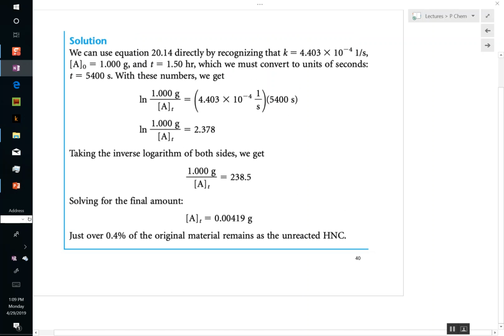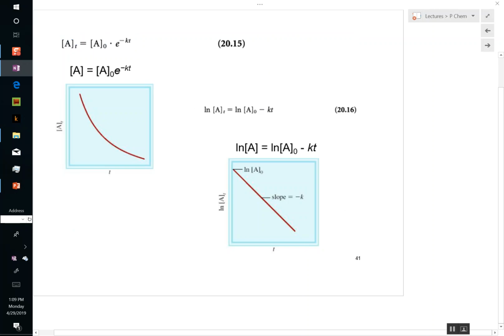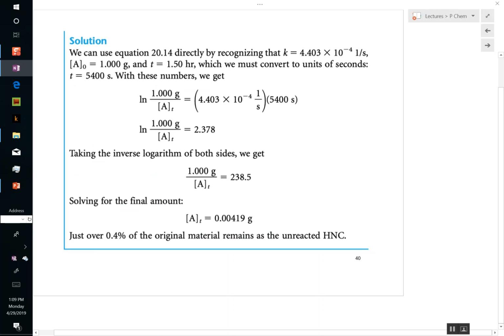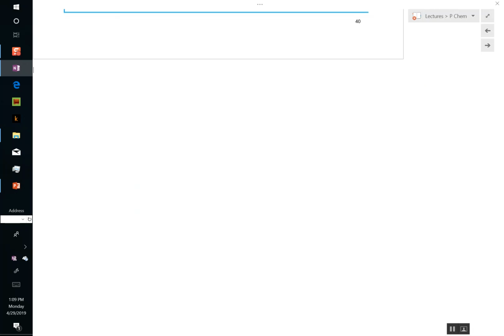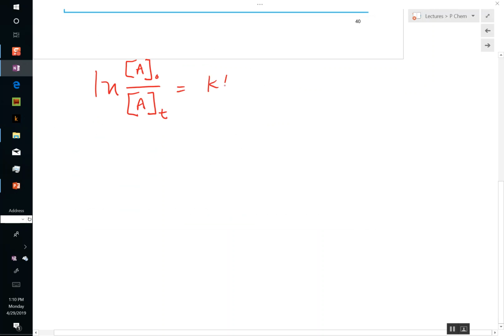Okay, now let's just take a look at this equation one more time. We've got the natural log of A naught over A t equals kt. All right, now there's two other ways of representing this equation that are useful.